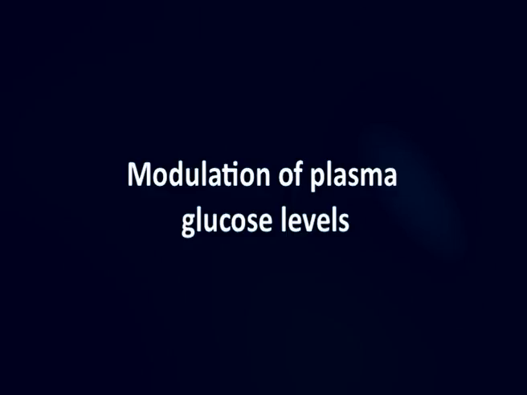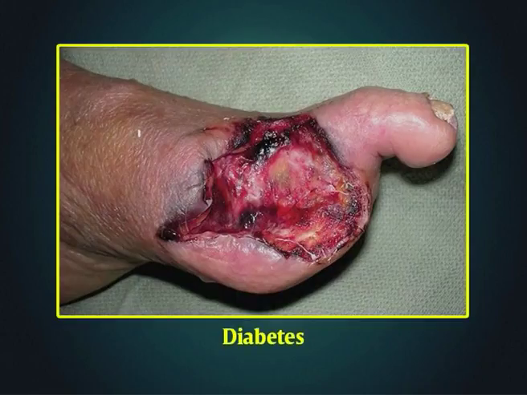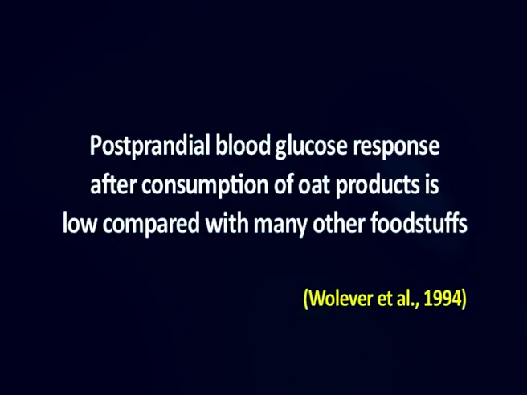Modulation of plasma glucose levels. Reduction in postprandial blood glucose responses and associated decrease in insulin levels are important in the control of diabetes. The postprandial blood glucose response after consumption of oat products is low compared with many other foodstuffs.